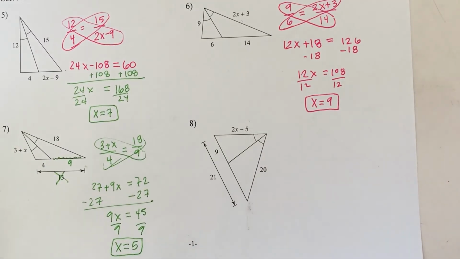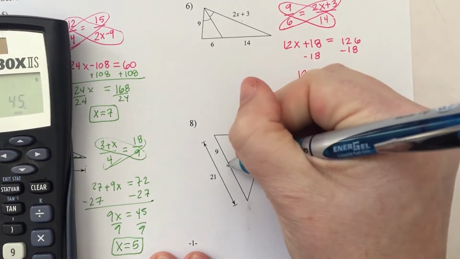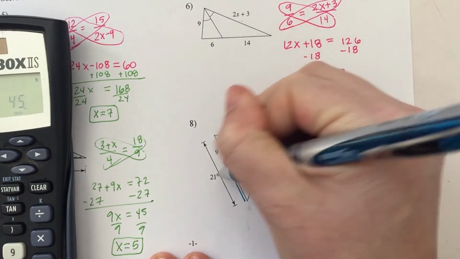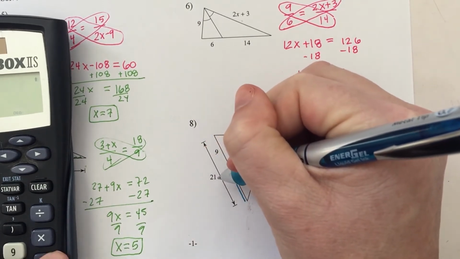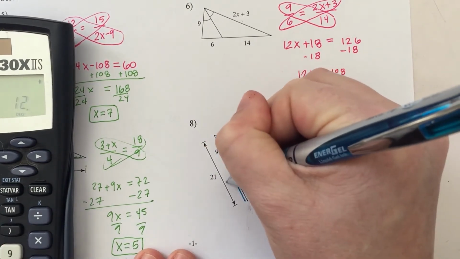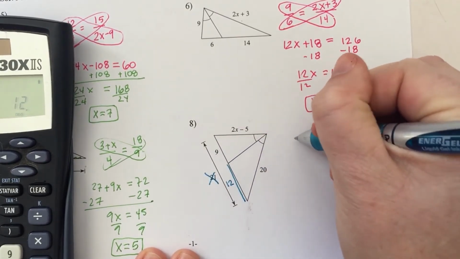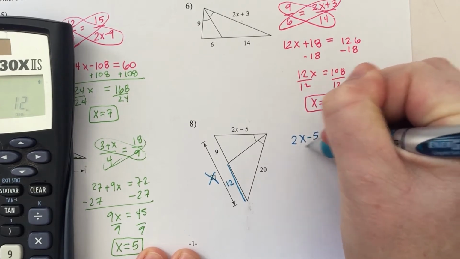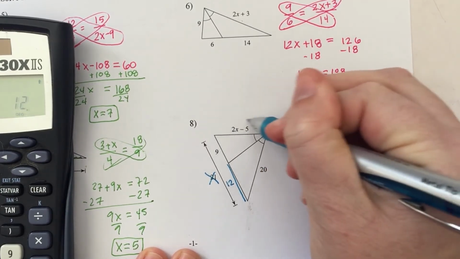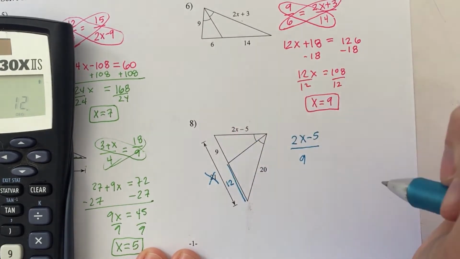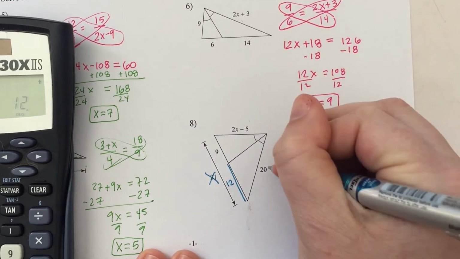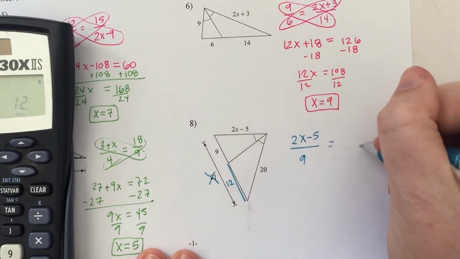On example 8, I want this piece right here, 21. I get rid of the 9 to get that this piece is 12. Gone. 2x minus 5 over 9, right over left, equals 20 over 12.